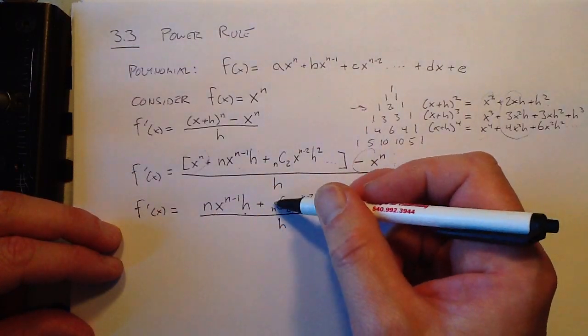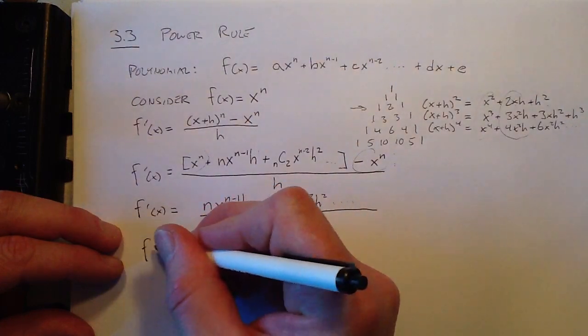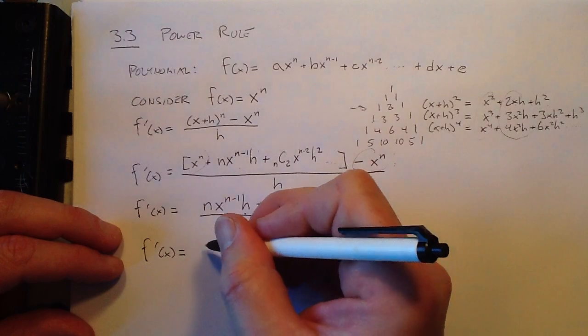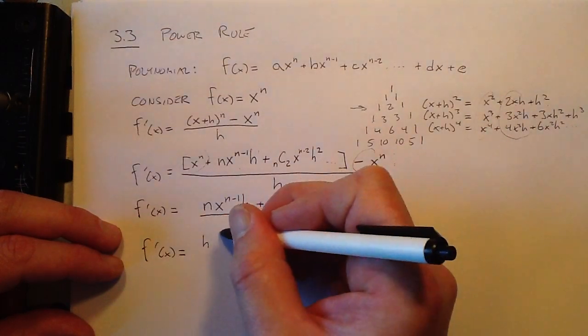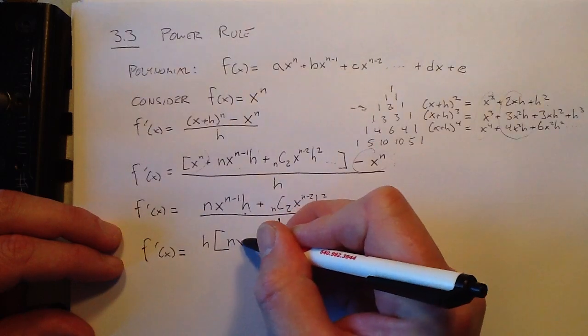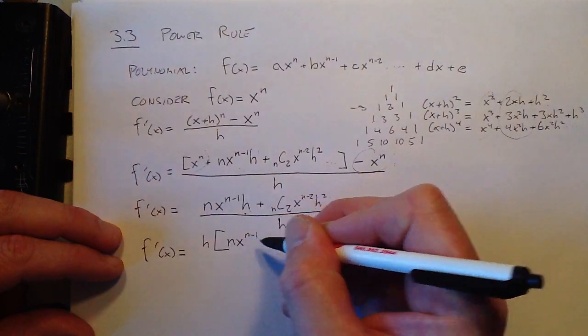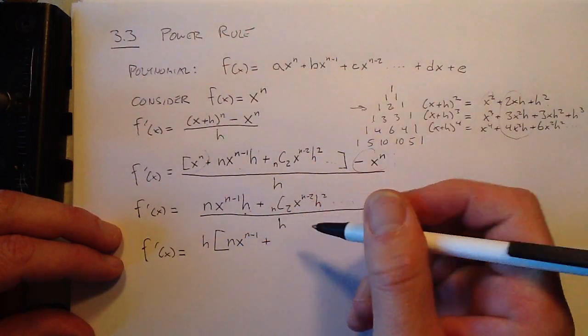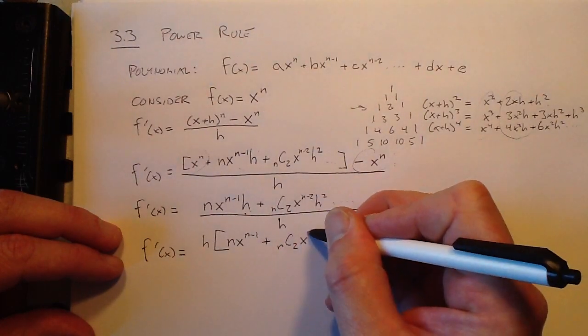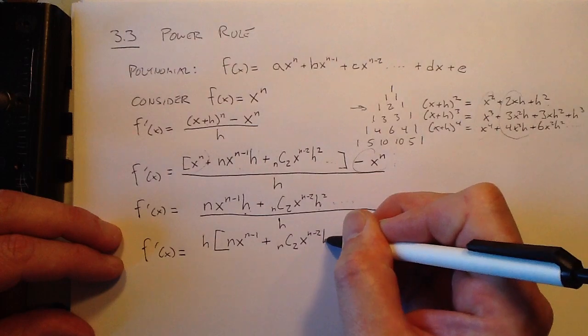Remember, our goal is to factor out an h so we can cancel out the 0 over 0 problem. So I'm going to go ahead and factor that h out. Factoring an h off this leaves n x^(n-1) plus, in this case it would be n choose 2, x^(n-2), h.